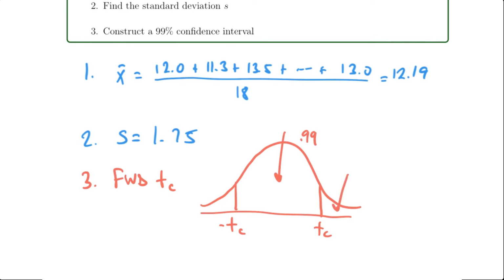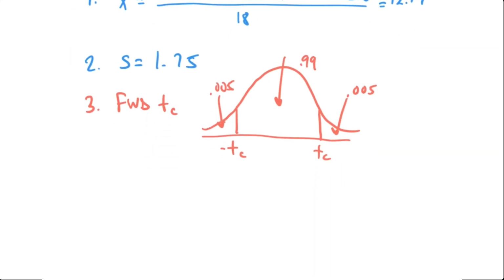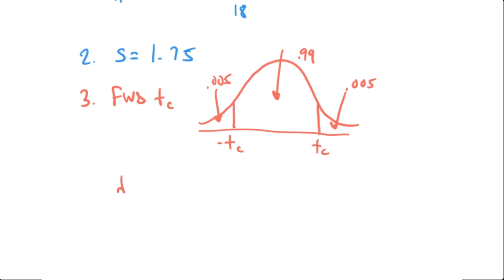So that means this is 0.005, and that's 0.005. But luckily for a t-distribution, we really only need to know two things: the degrees of freedom and the confidence level. Now the degrees of freedom is the sample size minus 1, and so that's 18 minus 1, 17, and then the confidence level is 0.99.